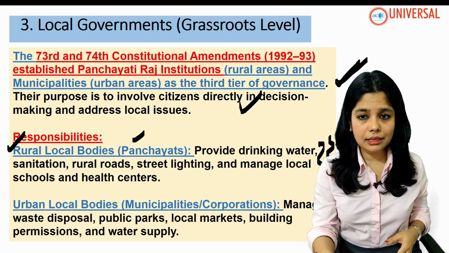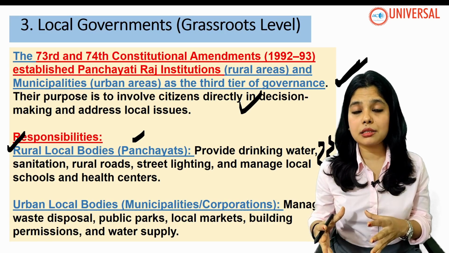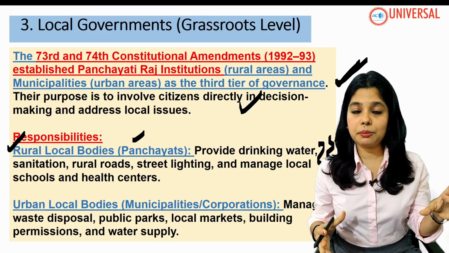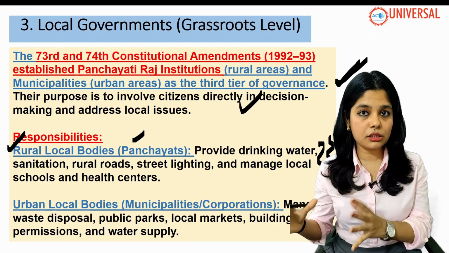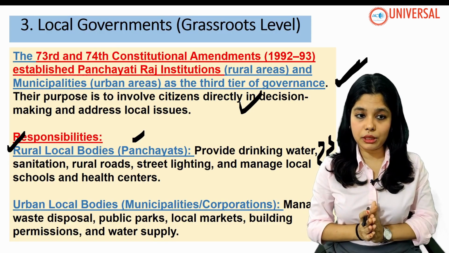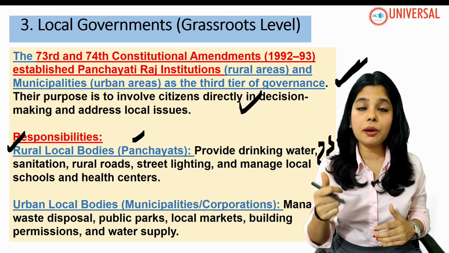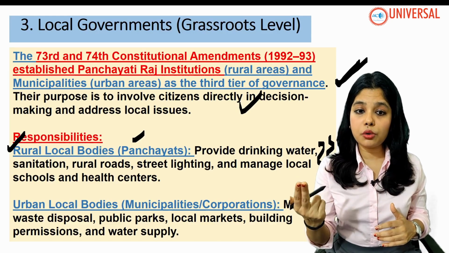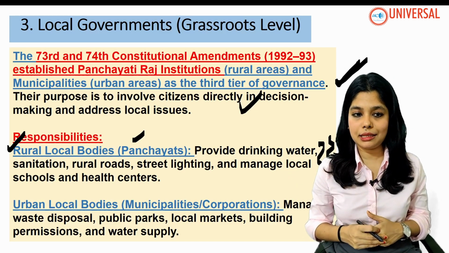So these things are important because there might be questions where they will ask you which sectors are managed and financed by the central government, which are managed by the state government, which sectors are managed by the local government. So you have rural local bodies, panchayats, providing drinking water, sanitation, rural roads, street lighting, then managing local schools and health centers.